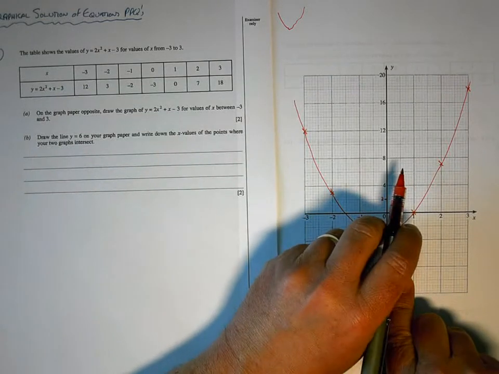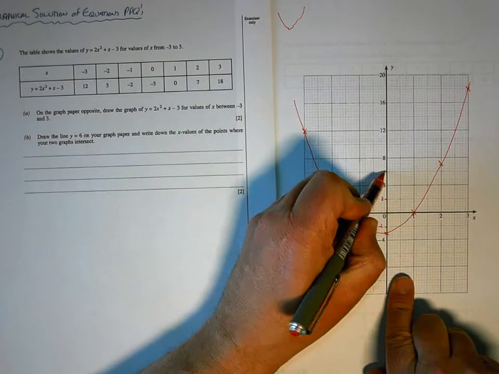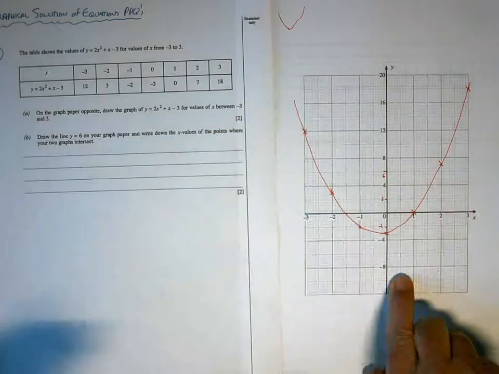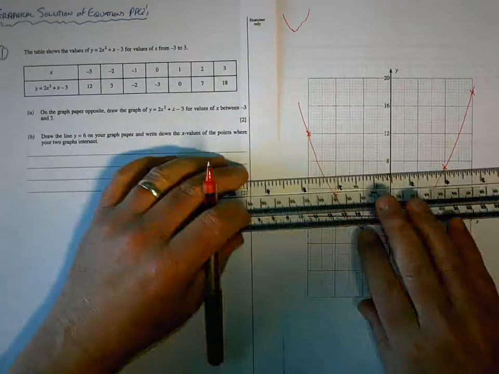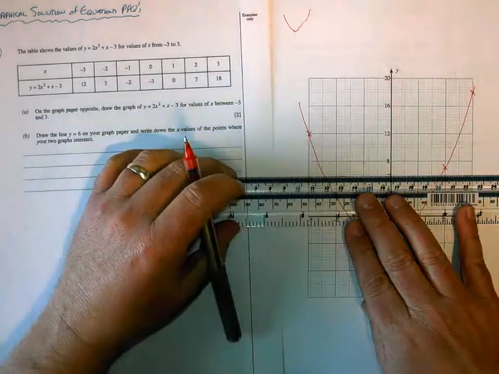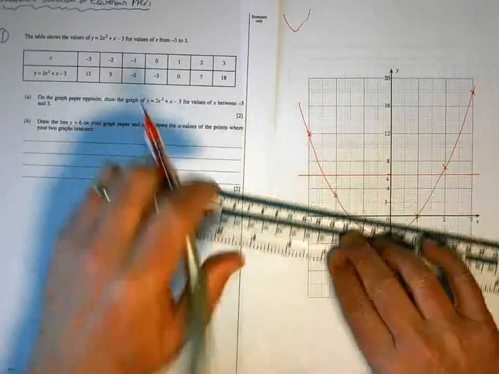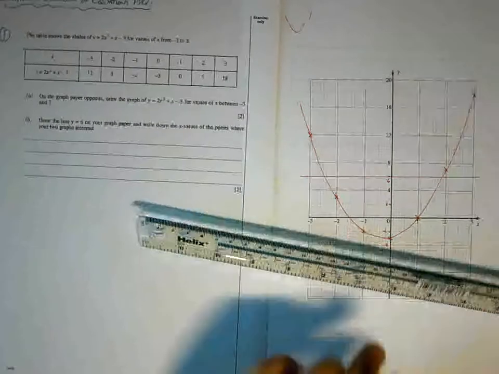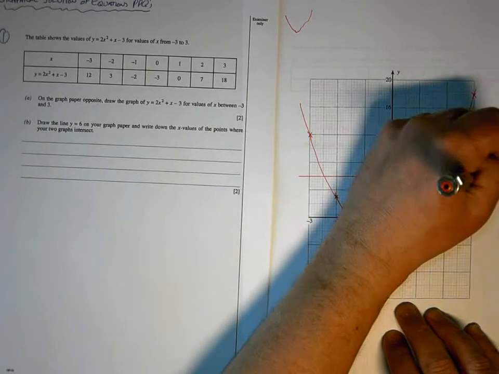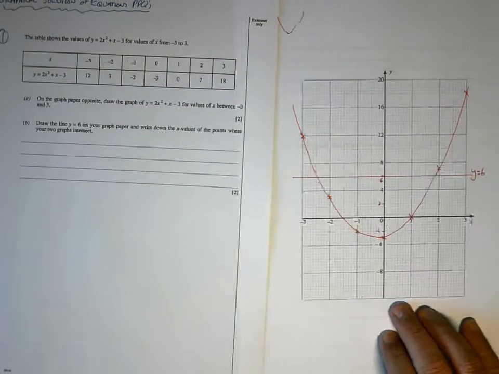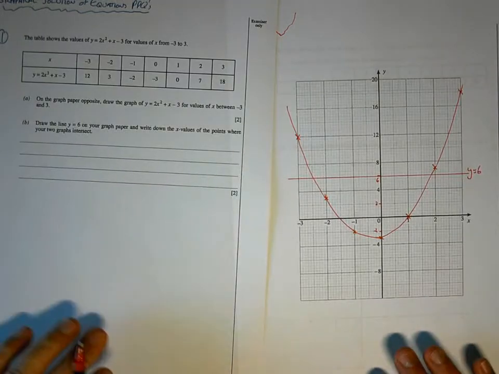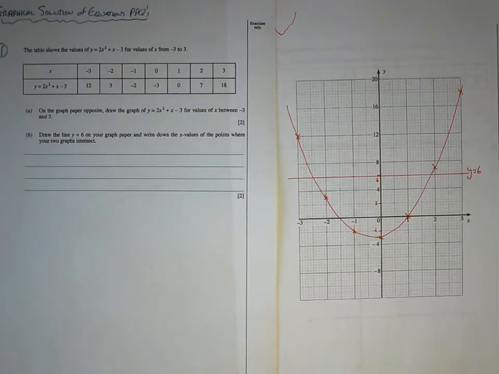The line y equals 6, well, there's 6 there, is a straight line that runs straight across the graph through the y coordinate, which is 6. So that's the line y equals 6. I'll write that on so the examiner knows that that's in the right place.